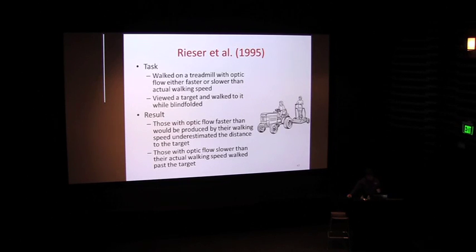And what they found was that those with optic flow faster than produced by their walking speed underestimated the distances to the targets, and those that experienced slower optic flow as compared to their walking speed overestimated the perceived distances of the targets. So this is really interesting in the sense that optic flow calibrations affect our perception of distances, right? At least immediately after the recalibration experience has occurred.